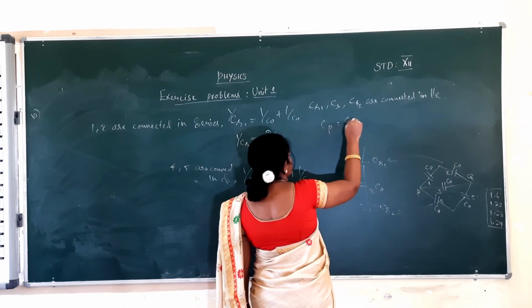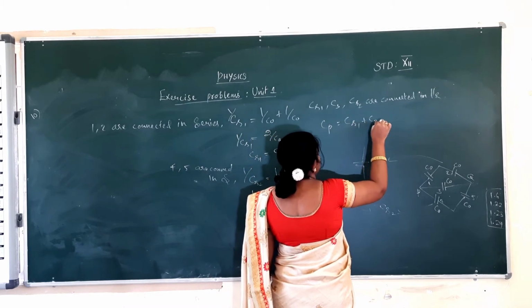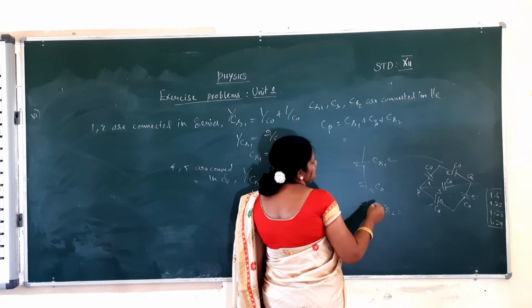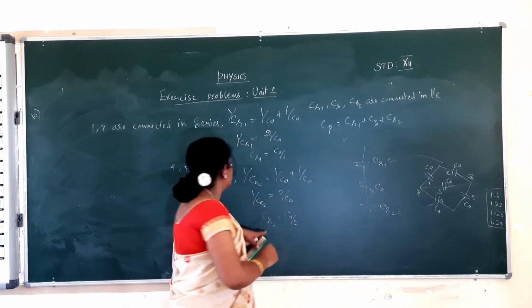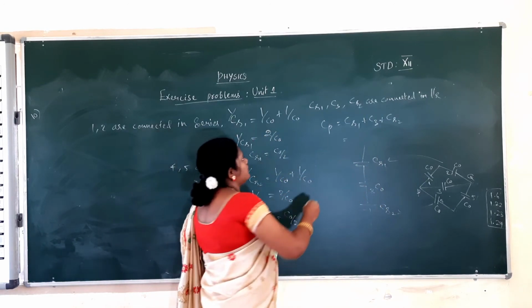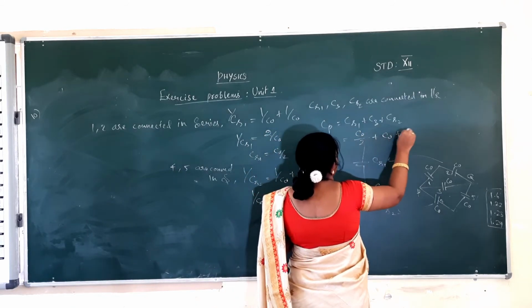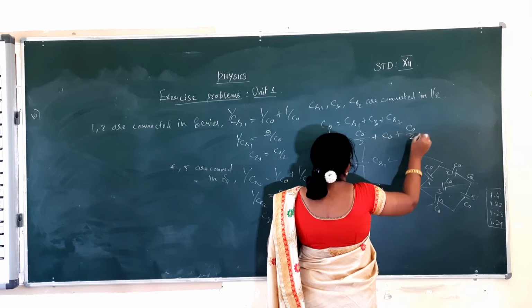Cp is equal to CS1, C3 and CS2. So CS1, what's the value? CS1 is C0 by 2, C3 is C0 and CS2 is C0 by 2.